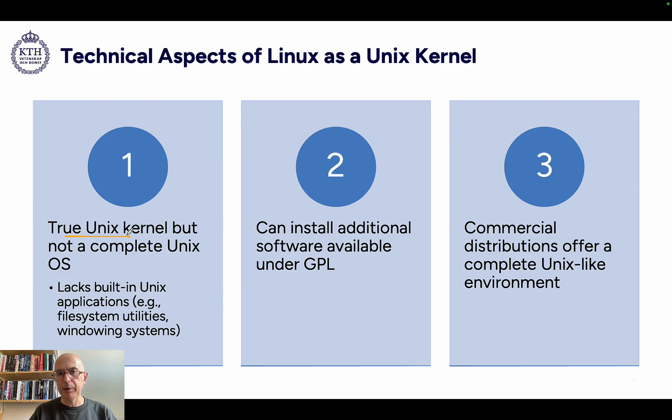Well, it lacks built-in Unix applications. For instance, file system utilities and the window system don't come right away with Linux. A second characteristic of Linux is that we can install additional software available under GPL. There are also commercial distributions that offer a complete Unix-like environment.